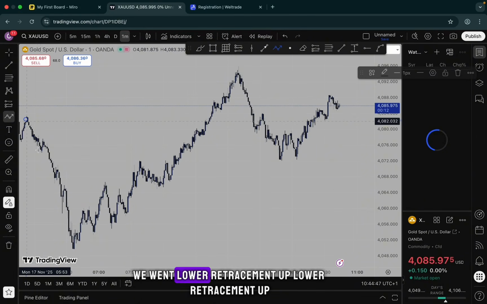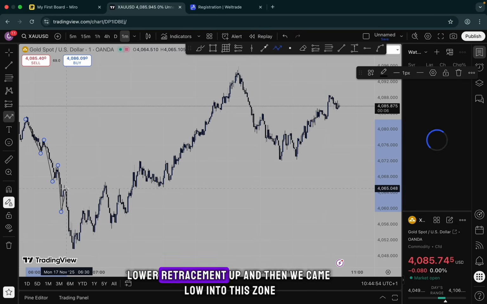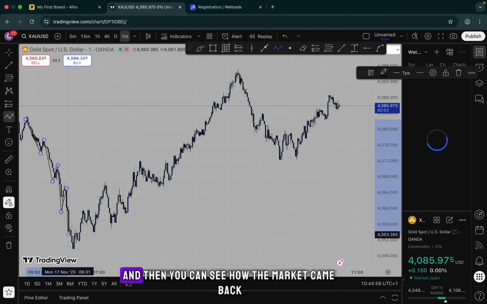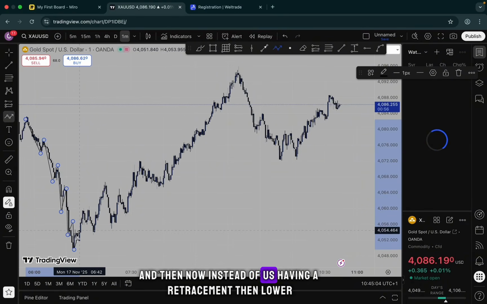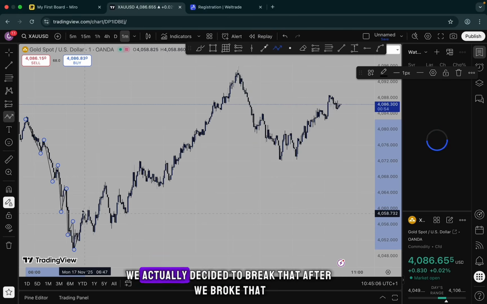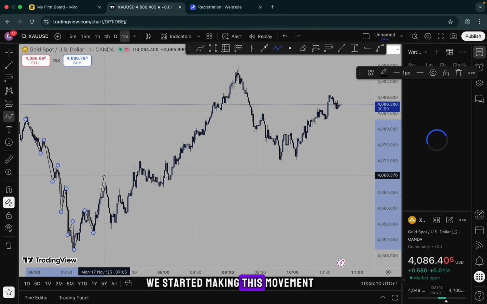We went lower, retracement up, lower, retracement up, lower, retracement up, and then we came low into this zone, and then you can see how the market came back, retracement up, then we went lower, and then instead of us having a retracement then lower, we actually decided to break that. After we broke that, we started making this movement.